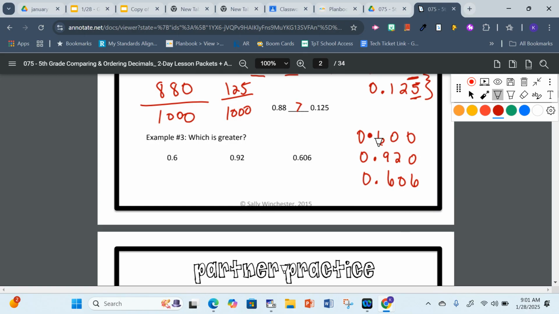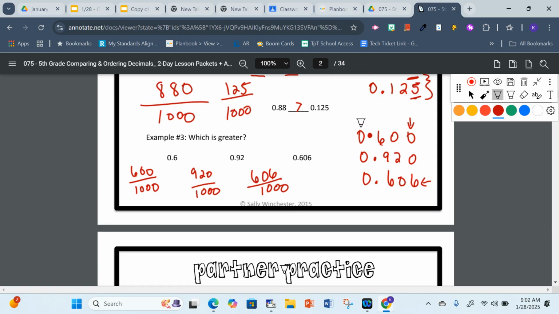And when I filled in zeros, I could write that as 6 thousandths, 600 thousandths, 920 thousandths, or 606 thousandths. Because my last place value here is thousandths. And I filled in zeros to bring it over to the thousandths, because my very last number I'm comparing is thousandths. Okay? So let's start.